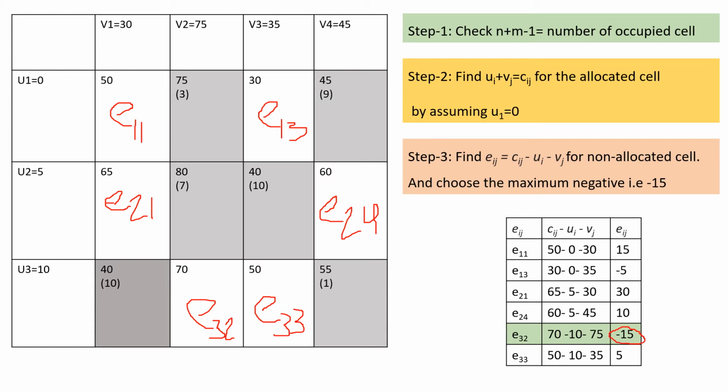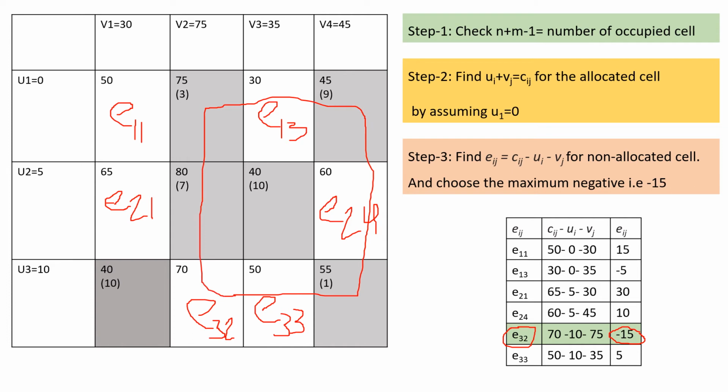So using E32 as a starting point, let us draw the closed loop. From here, we can move like this, and like this, and like this, and we can return back to this cell.